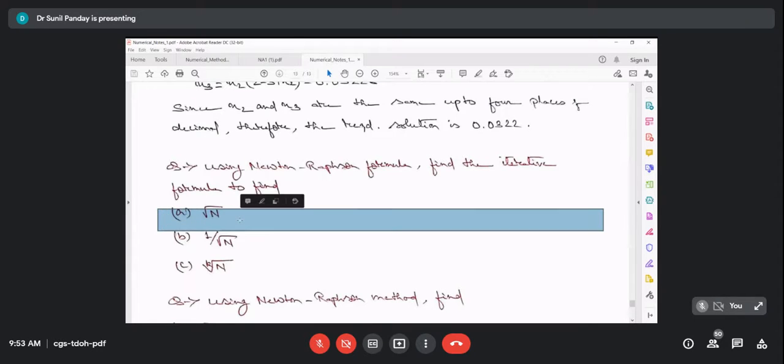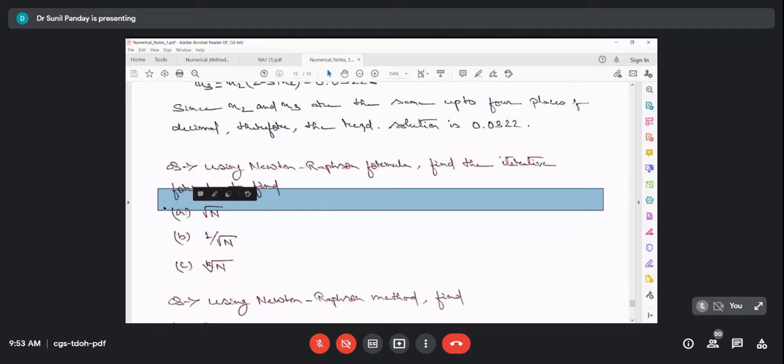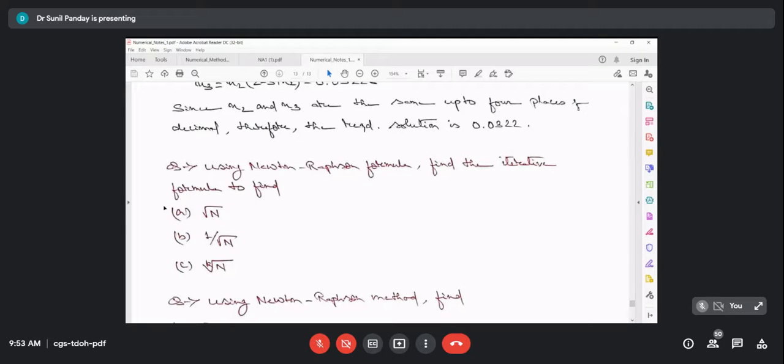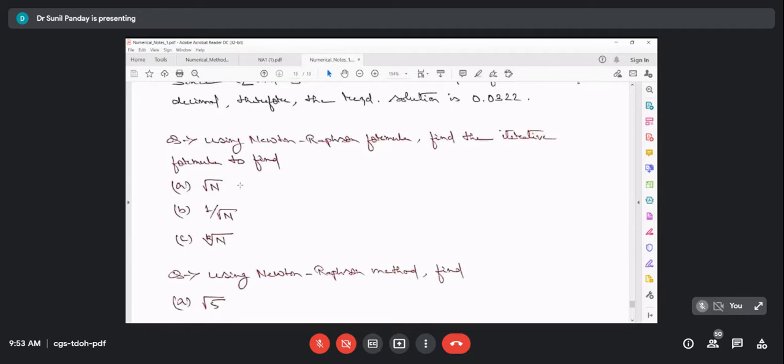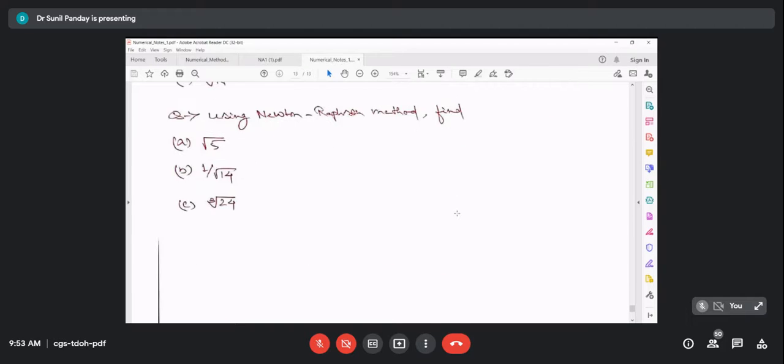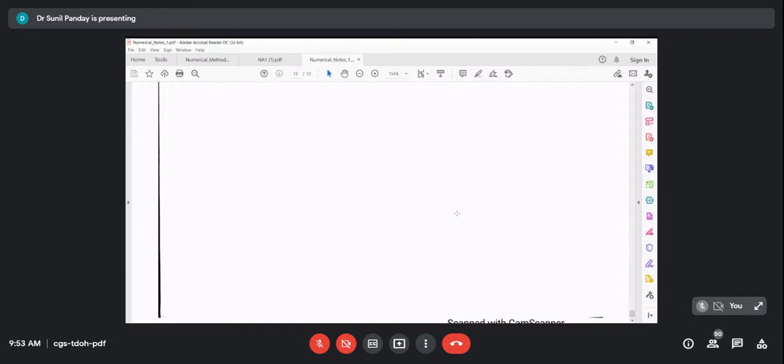Last time I asked this kind of question: find the square root of 39 using the Newton-Raphson method. So how do you find it, because here no polynomial is given to you? So this is the assignment. You solve all this assignment in your notes, and I will provide you one link in which you upload all the solved assignments in one sheet.